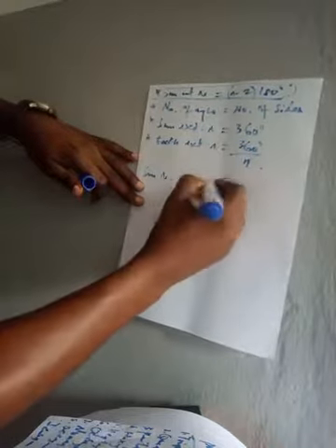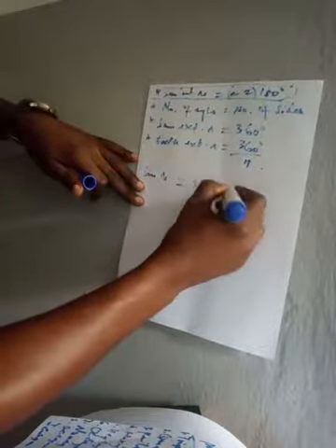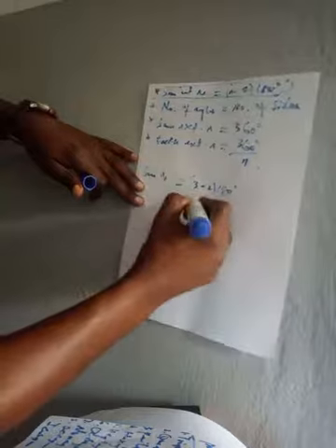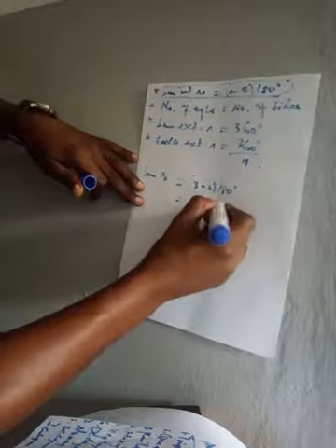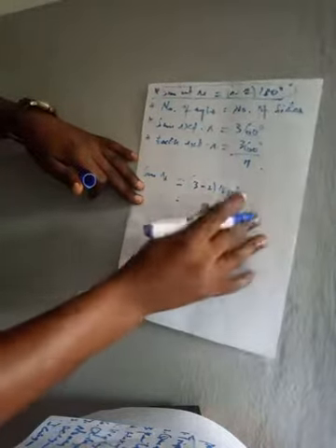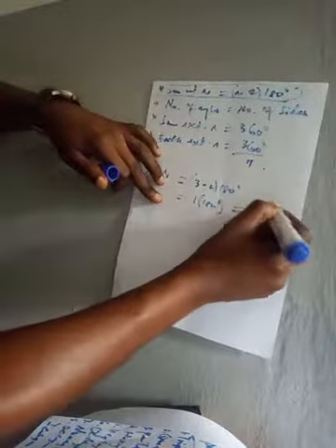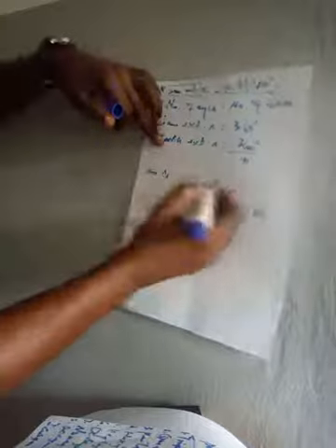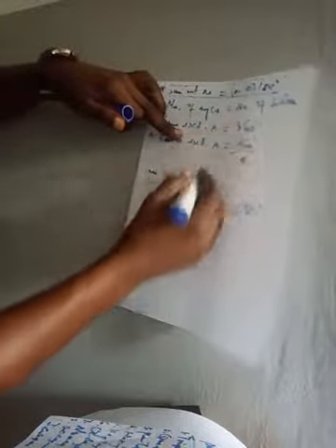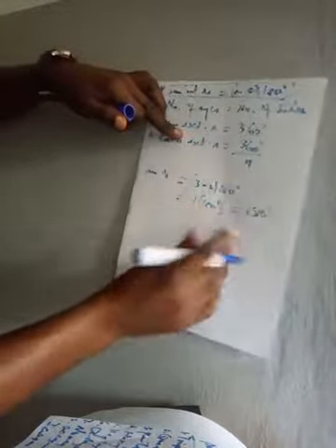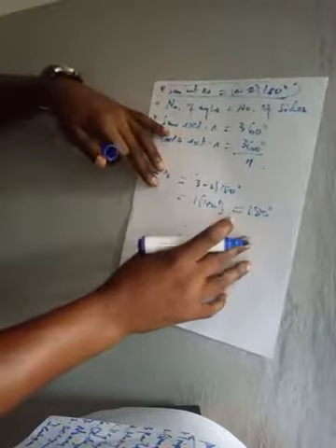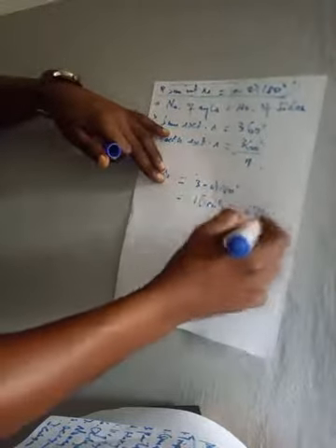So 3 minus 2, then multiply by 180 degrees. That will be equal to 1 times 180 degrees. That's why the sum of angles of a triangle is equal to 180 degrees. For a quadrilateral, you remove n and put 4, then 4 minus 2 will be equal to 2, then 2 times 180 will give you 360.